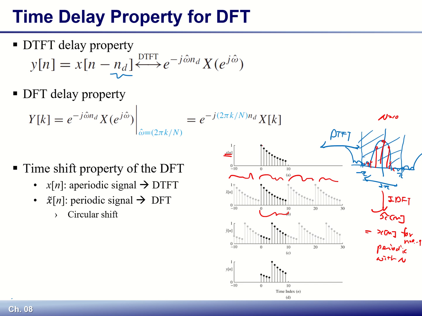For example, in the case of x[n minus 4], it will be something like this. But due to periodicity, this one goes to here, so it looks like a circular shift. So we call it circular shift.